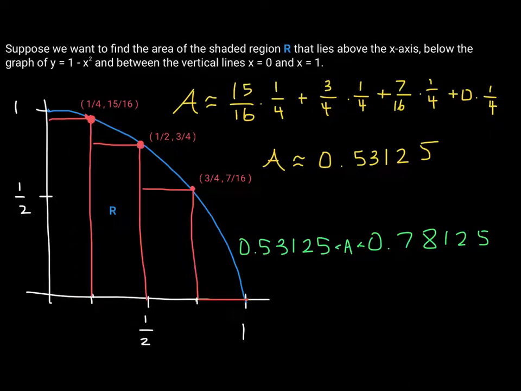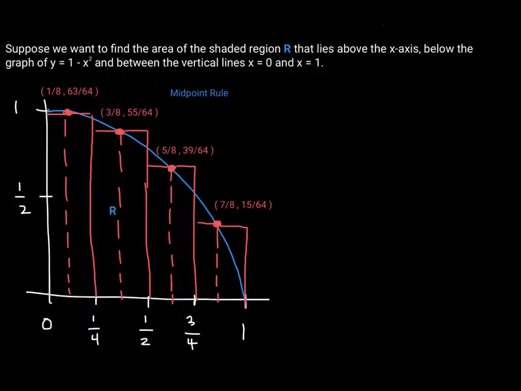Let me see if I can show you that now. So here's the method of using what's called the midpoint rule for approximating the area. Notice that it's still 4 rectangles, but this is the idea. The heights of the rectangles are the values of our function at the midpoints of the bases of the rectangles.